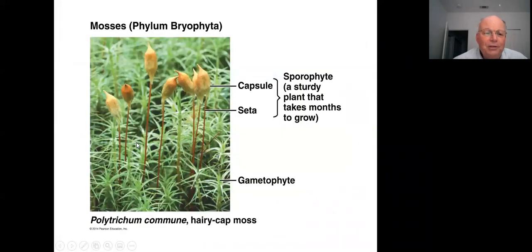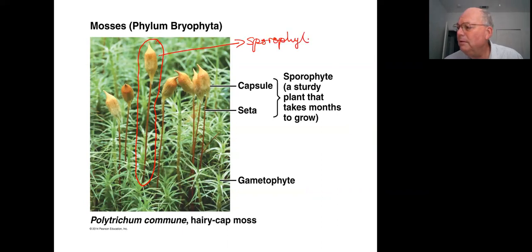In terms of the structure, polytrichum is another type of moss here that has the capsule. So here's the capsule. This is the sporophyte growing out of this gametophyte. So it's been labeled there, but I'm just going to pull it out there. And then you've got the gametophyte.